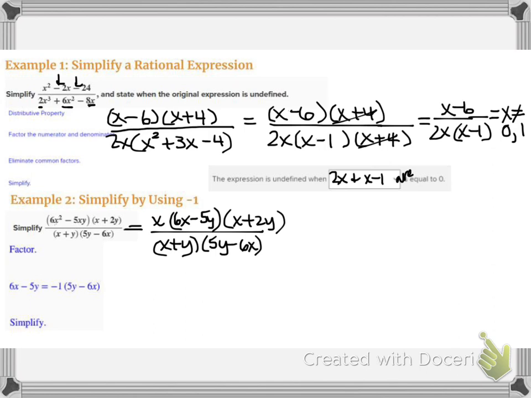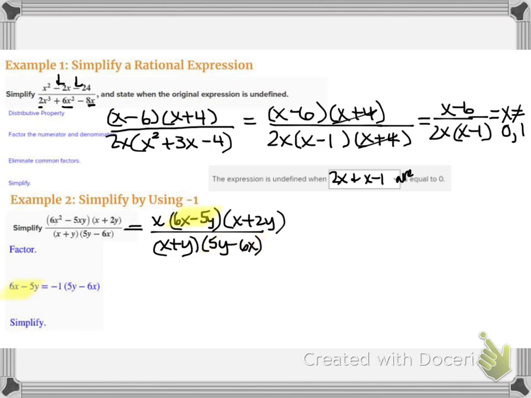Then I look to see, is there anything I can cancel? And I don't have anything, but I see that these two are very similar. They both have a term that's 6x, and they both have a term that's 5y. The signs are just different. So this is an example that we're going to use negative 1 to rewrite and cancel.